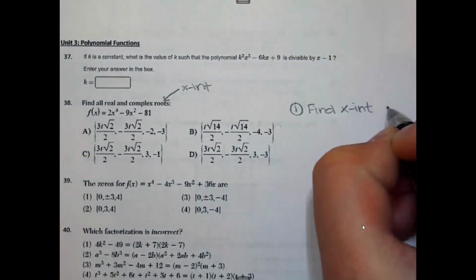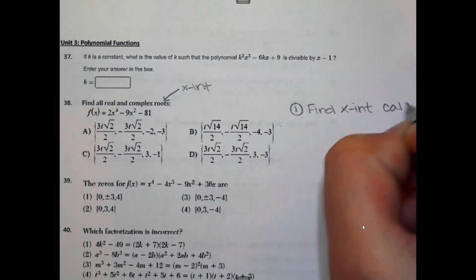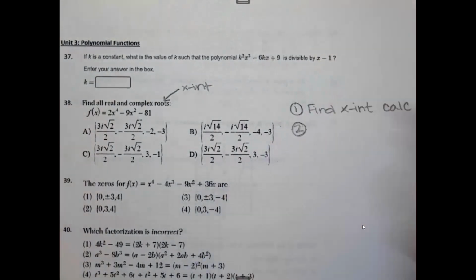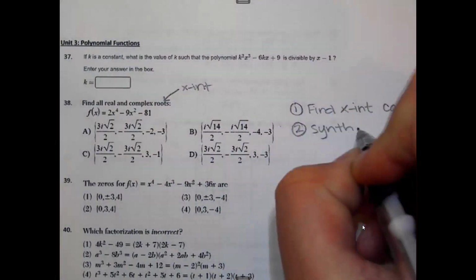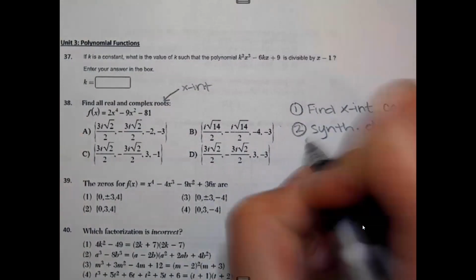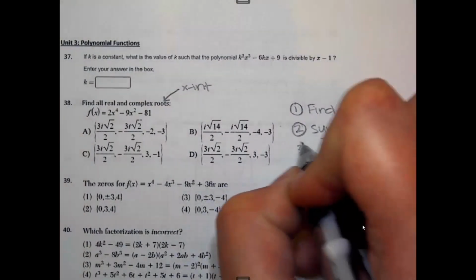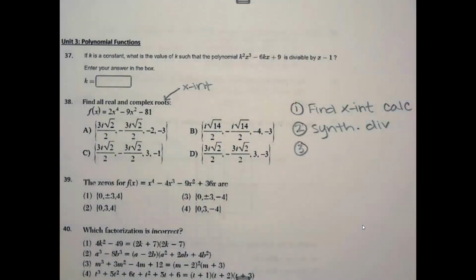And then after you found the real roots, you did synthetic division with each of them. So if there were 3 real roots, you did synthetic division 3 times. If there was 2, you did it twice. If there was only 1, you did it once. You did it however many times you had x-intercepts.